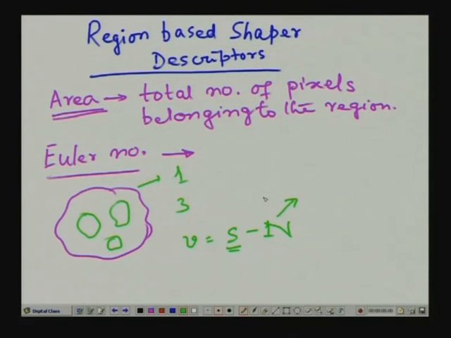In this particular case, because it has only one connected region and 3 holes, the Euler number will be equal to minus 2. Whereas, if I have an object of this form, say one connected region and one hole within this connected region, the Euler number will be equal to 0.